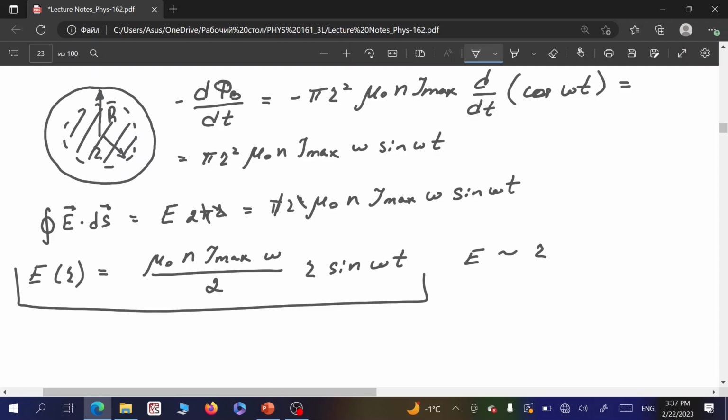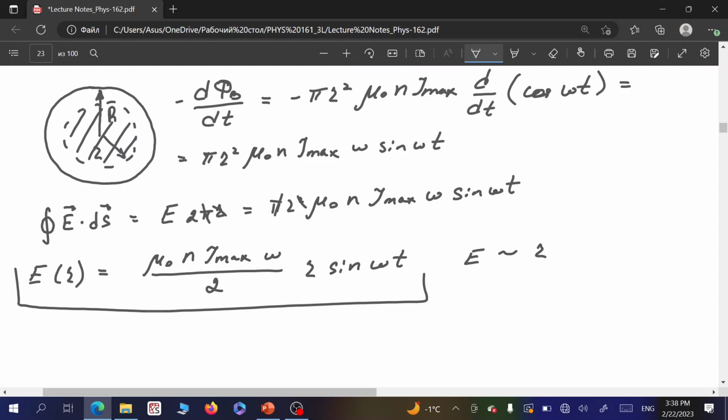So, summarizing our discussion for today, we continued to look at Faraday's law from a slightly different angle and highlighted that it's not always necessary to have a closed wire loop in order to deal with induced electromotive force caused by a time-dependent magnetic flux.